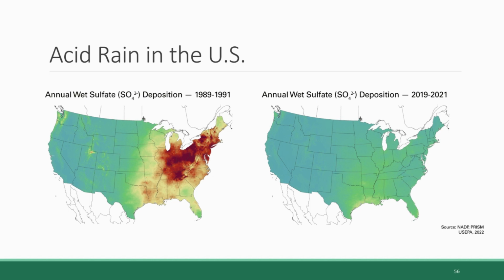So, to put in perspective how much things have changed, the final cap that was set in 2010 was half of the sulfur dioxide emission levels that were taking place 30 years prior, in the year 1980. So, this particular case has been a huge success story with respect to environmental regulation and improving environmental and health conditions for humans and nature in areas that were previously plagued by high levels of acid rain.